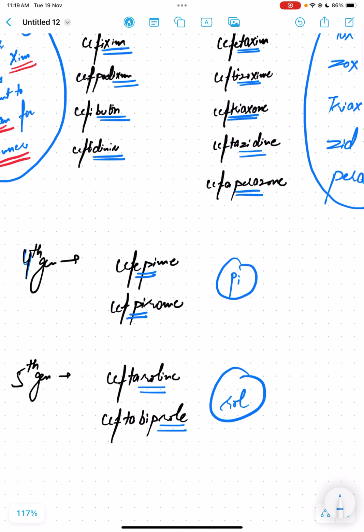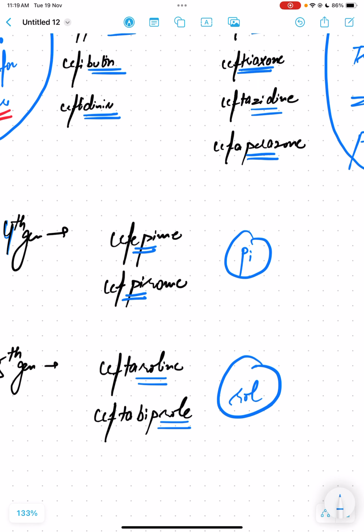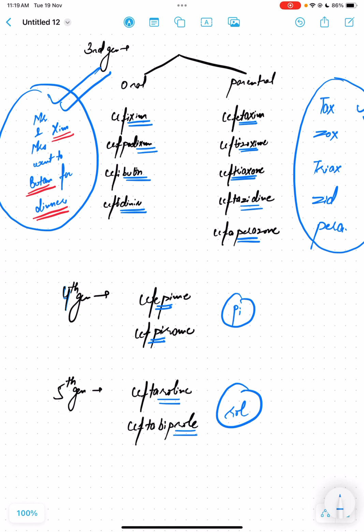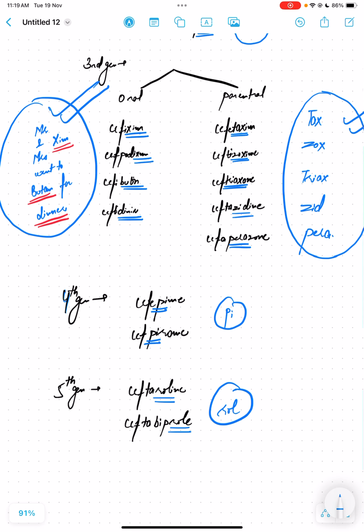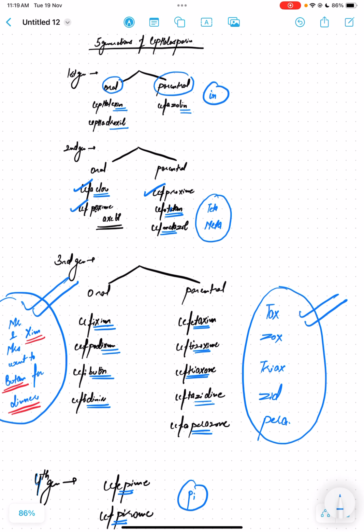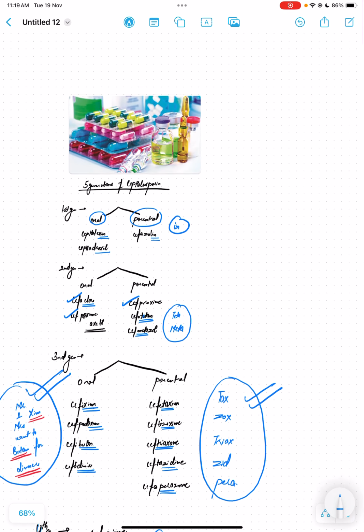In the case of the fourth generation you can remember with the word "pi", involving cefepime and cefpirome. While in the case of the fifth generation you should remember the word "role": ceftaroline and ceftobiprole. I think it will be easy for you to remember the way I have taught you here. Learn the important words and the mnemonics which I have taught in this video.